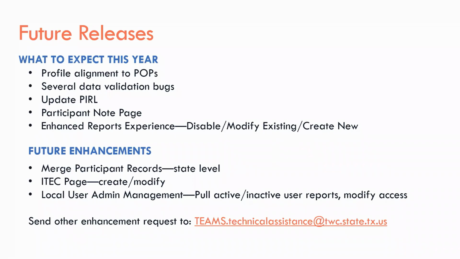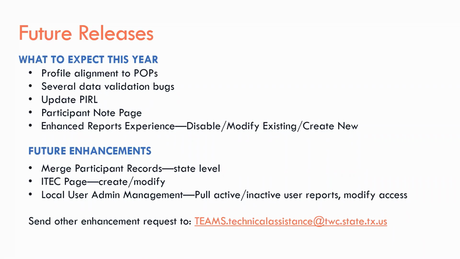The last one is really, really big, and it's probably going to be a big project for someone, not myself, because I would never have time to do this. But we are going to be looking at our local user admin management.